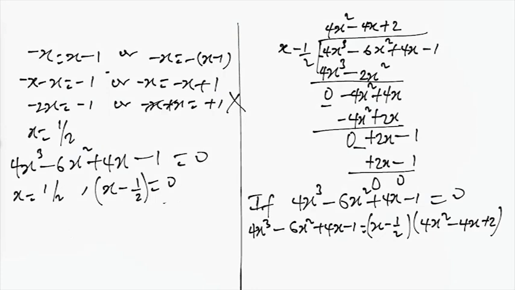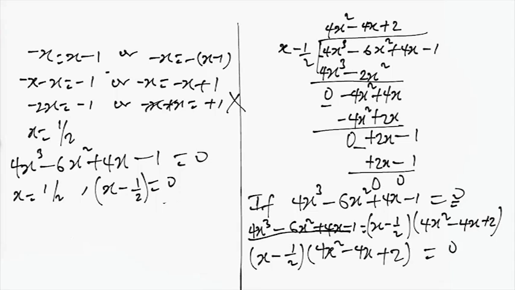So if 4x cubed minus 6x squared plus 4x minus 1 is 0, we can replace the whole of this with 0. That's what it means. So we can now say that x minus 1 over 2 multiplied by 4x squared minus 4x plus 2 will be equal to 0. I hope you get that.